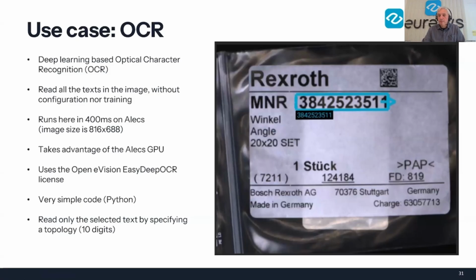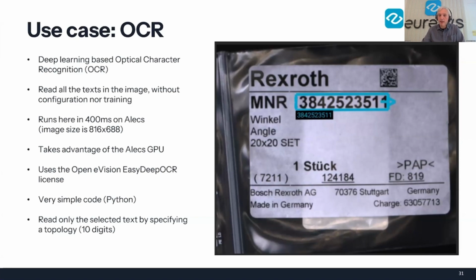But most of the time, you don't need to read all the text on a sticker like that. Maybe you only would like to focus on the part number. And there are, of course, different ways to focus on that. You can just define a region of interest and just read the text in that area. It will be a lot faster then. Or you can use a very interesting function of DeepOCR, specifying a topology.